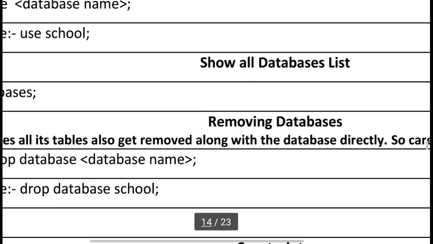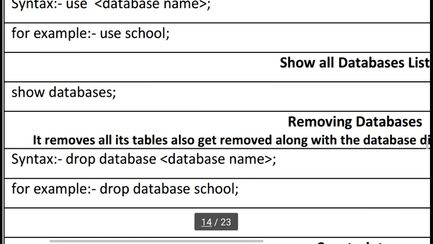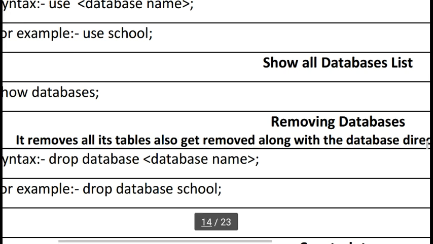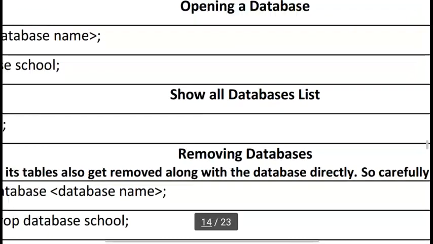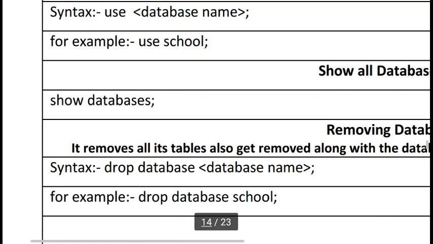Now, when no longer needed, we can also delete or remove databases. All its tables also get removed along with the database directly, so use this command carefully. Suppose in the database you have already created many tables and inserted many data and records.